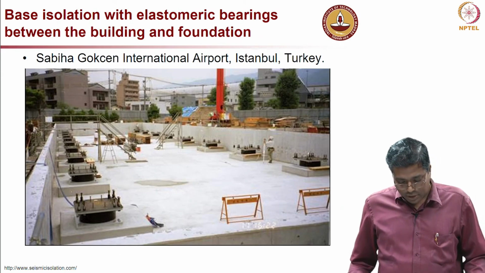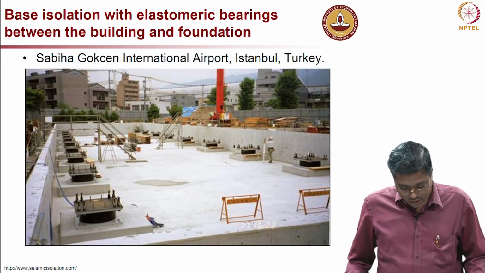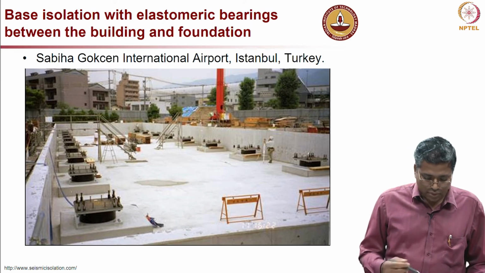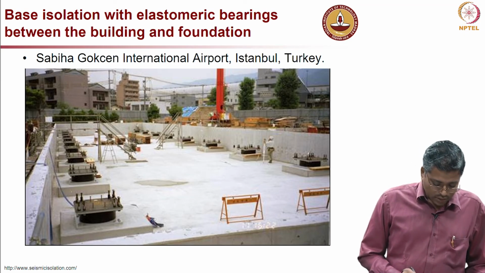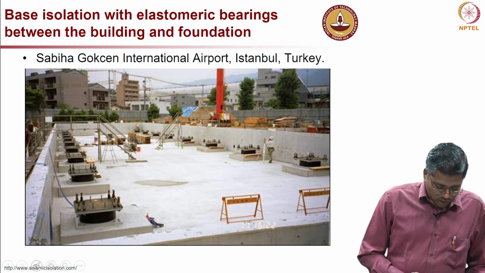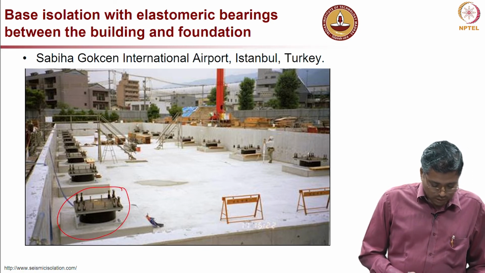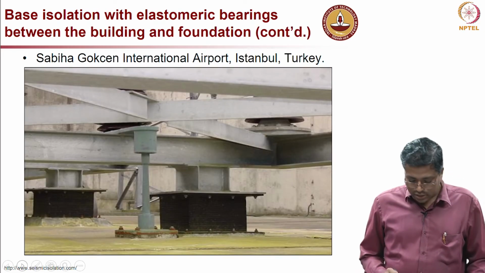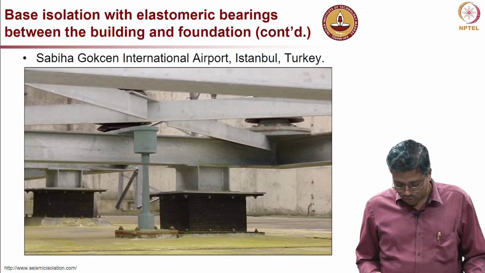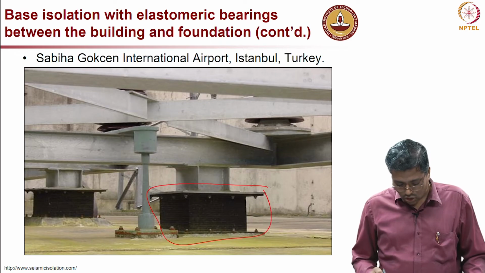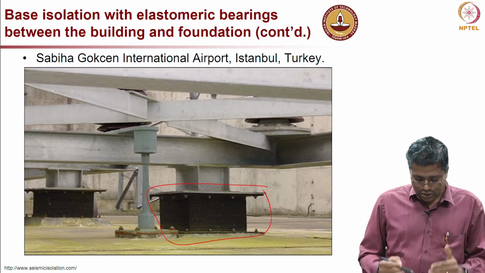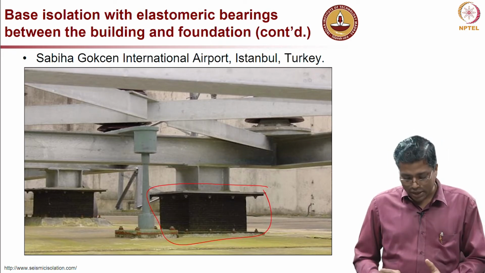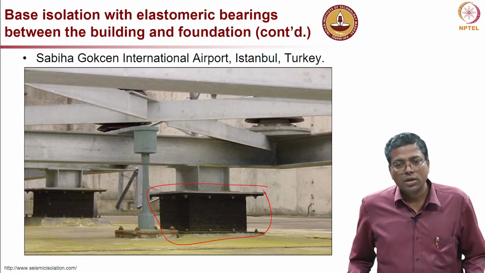This is an example in the airport in Turkey, where they have done this, but this is for a new construction. Anyway, I just wanted to show a photograph of how these systems look. You can see this is the system we are talking about, and this is for the same airport. You can see short columns where it is actually a support, and you want to completely isolate the portions above this bearing.